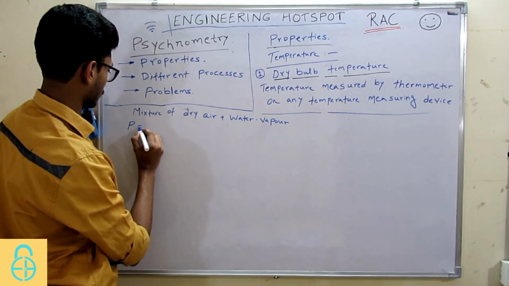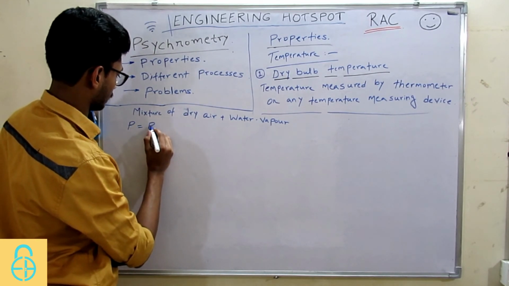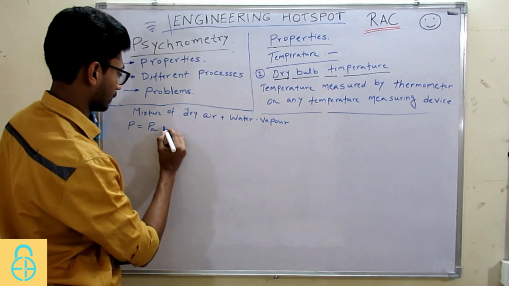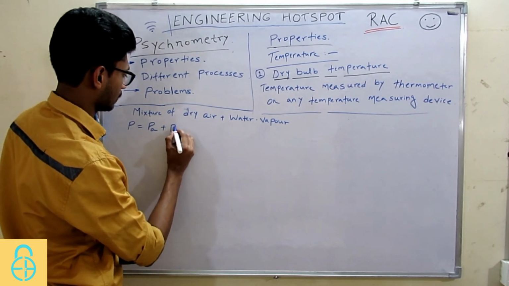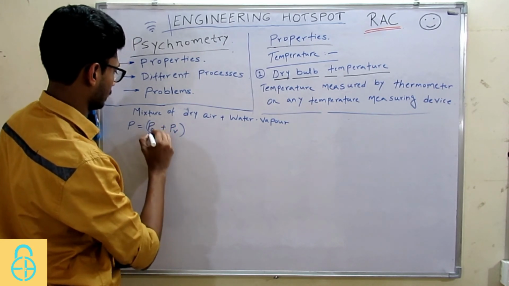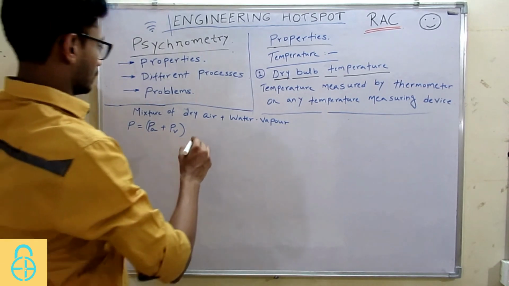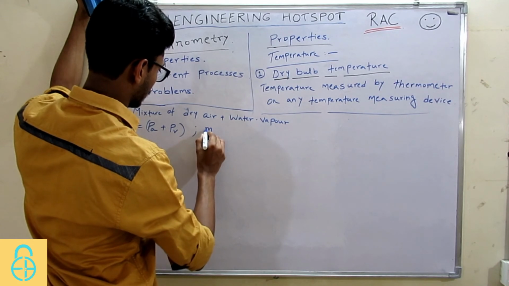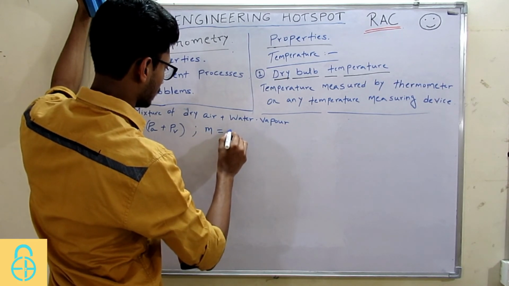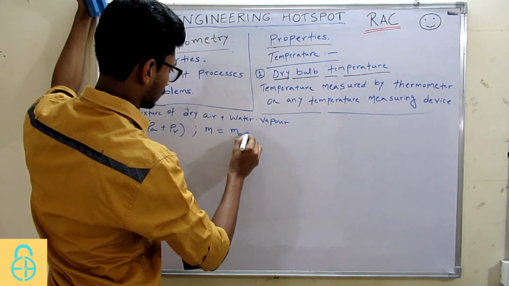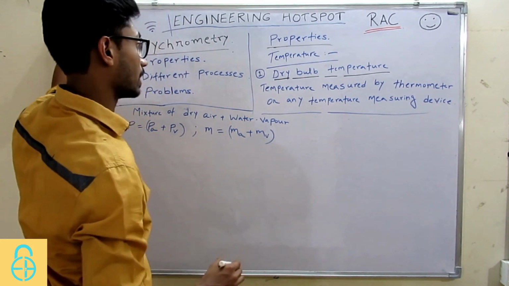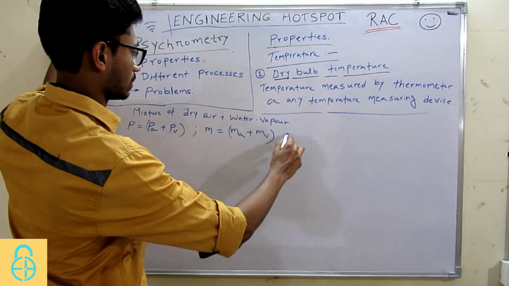Total pressure will be equal to pressure of dry air, writing this PA as the pressure of the dry air, okay, plus pressure of water vapor, PV. Total mass, I am writing it with M. This will be mass of air plus mass of water vapor. These are all according to Dalton's law that I discussed already.